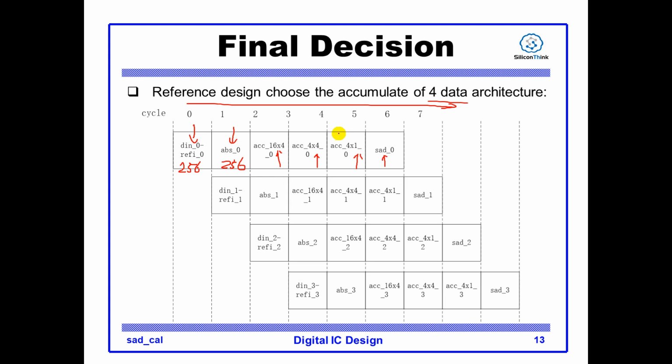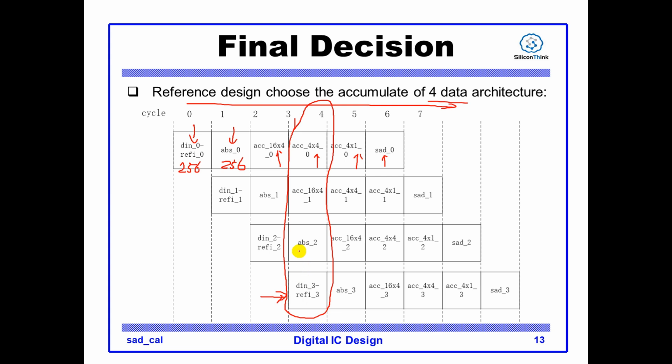You can also check the operations for different inputs in the same cycle. The latest input is at the sub stage.